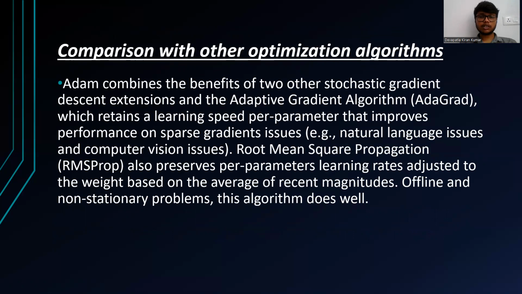Adam combines the benefits of two stochastic gradient descent extensions. One is the adaptive gradient algorithm, known as the AdaGrad algorithm, which retains a learning rate per parameter that improves performance on sparse gradient issues, like natural language and computer vision problems. The other is root mean square propagation, or RMSprop, which also preserves per-parameter learning rates adjusted based on the average of recent magnitudes of the gradients for the weight. Whether it is an online or non-stationary problem, this algorithm does well.